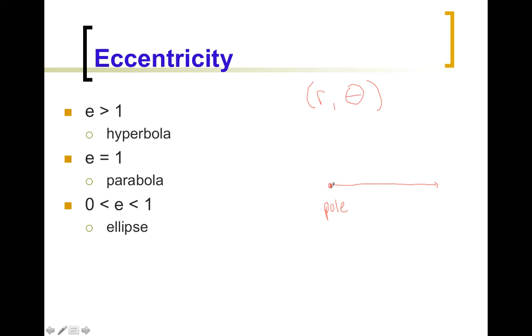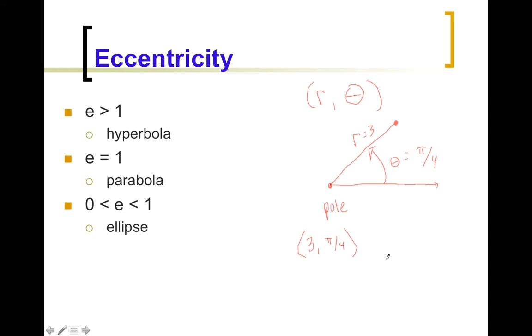And r comma theta meant we went to some angle theta, and r was just some distance r from the pole. So if I was to do 3 comma pi over 4, it could actually be pretty close to this, where r is equal to 3 and theta is equal to pi over 4. That's actually pretty close to a representation here. That's what polar mode was.